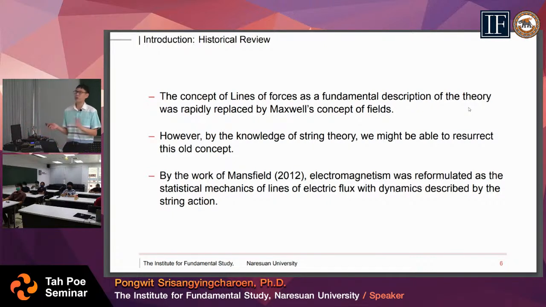But that was the history 100 years ago. Today we have the knowledge of string theory, and it is possible that we could bring the concept of Faraday's line of force back to life again.